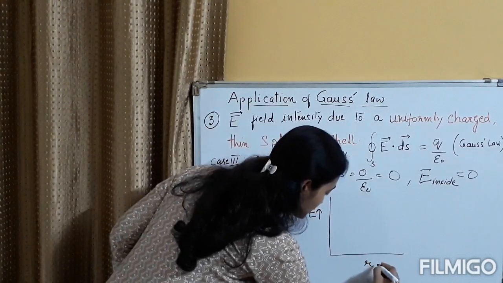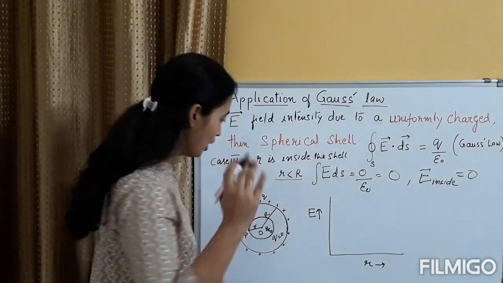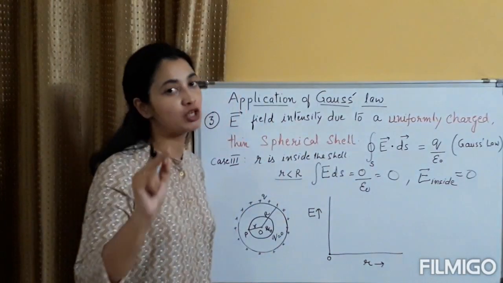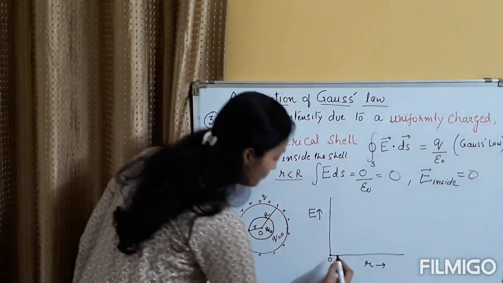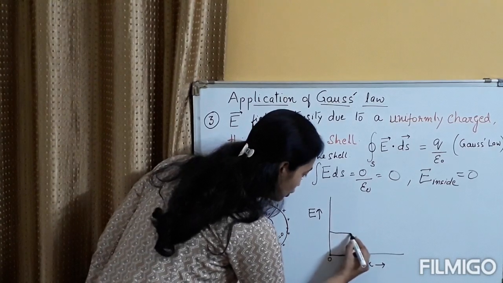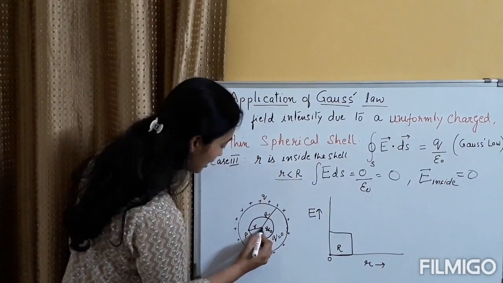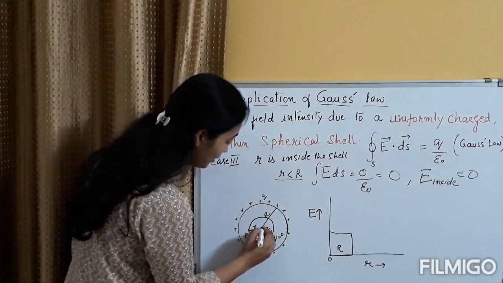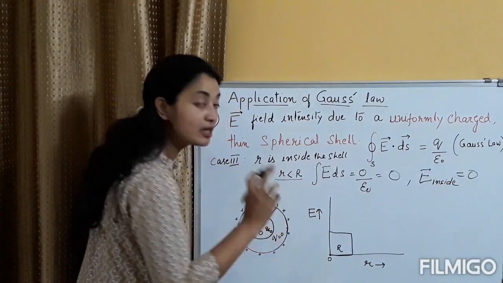Suppose this is origin O, which is the center of the shell itself. At the center of the shell, electric field is 0 and it remains 0 till the distance when you reach capital R, when small r is equal to capital R. What is capital R?